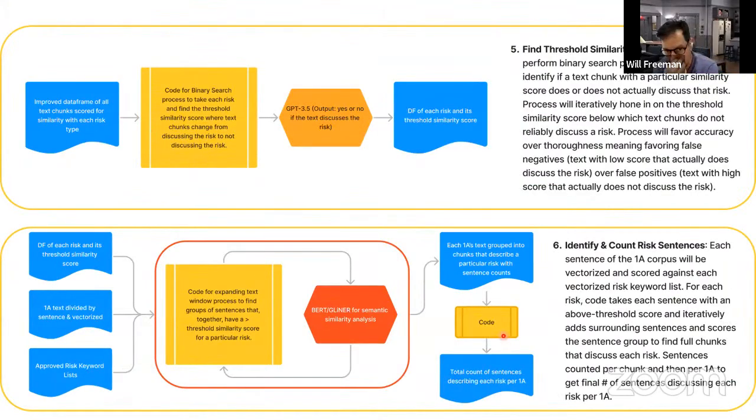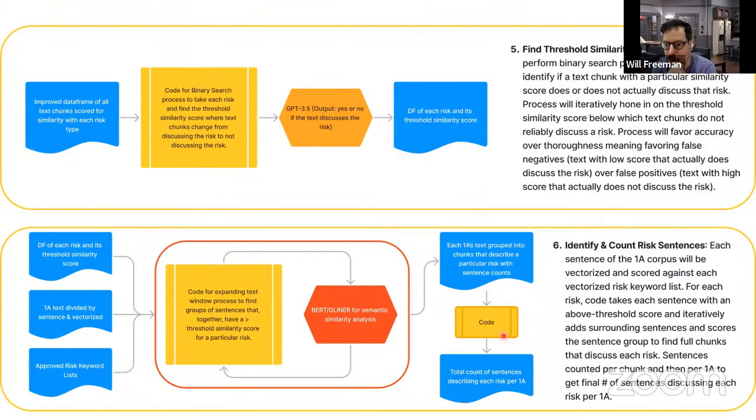So the problem was trying to understand this. For cybersecurity risk, for example, that list of keywords is going to be very similar to sentences about cybersecurity. It's going to be very dissimilar to sentences about, I don't know, shareholder risk, right?